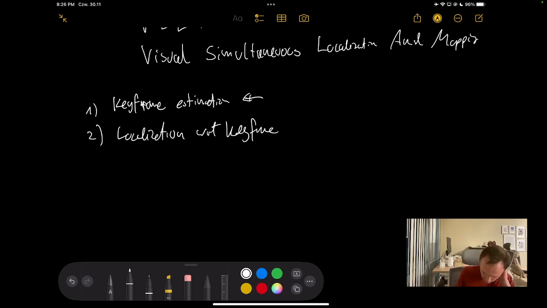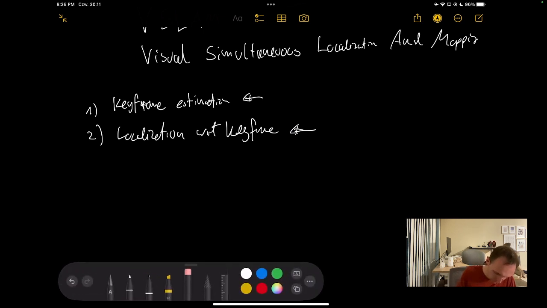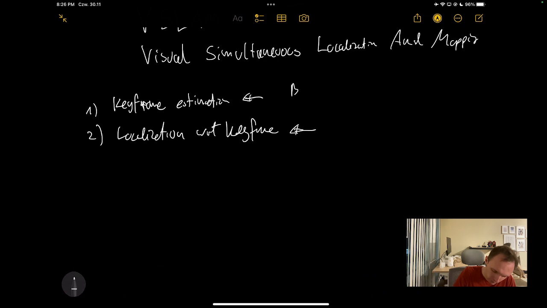And we're going to do it using two algorithms, which I'm going to summarize right now, and then over time we'll get into details of those. So in the keyframe estimation, we will use binocular. Binocular just means two eyes. Binocular depth estimation. So that's one.